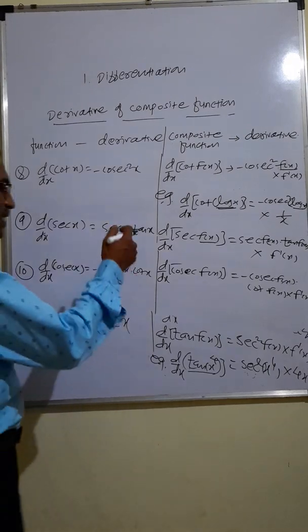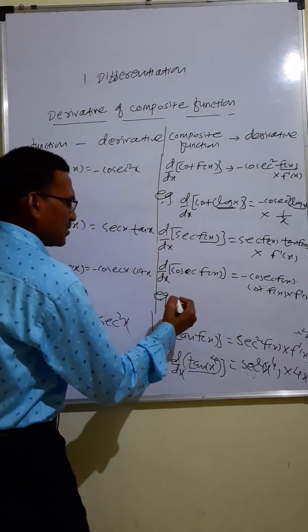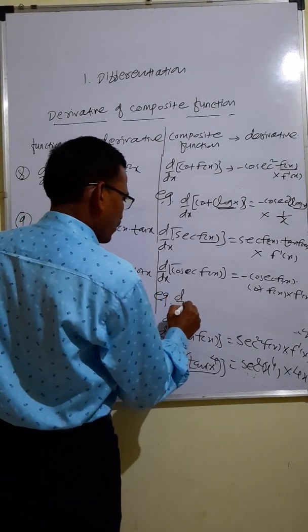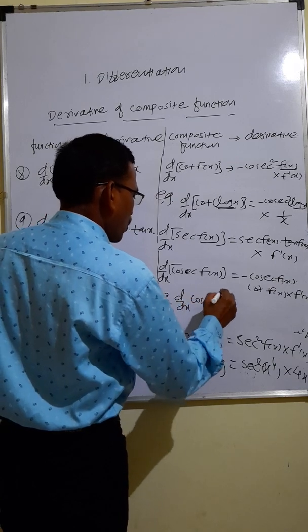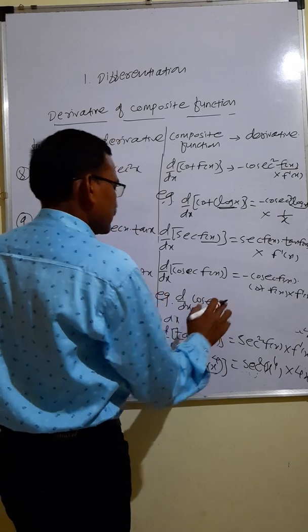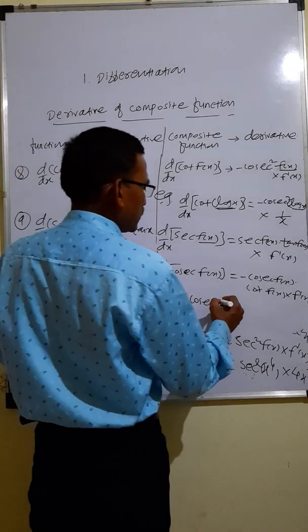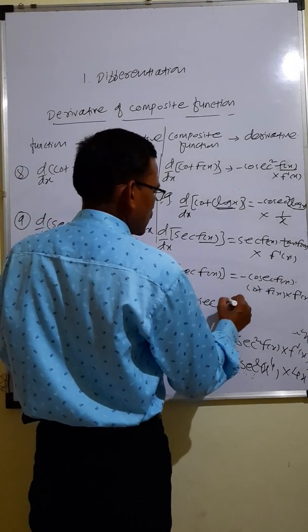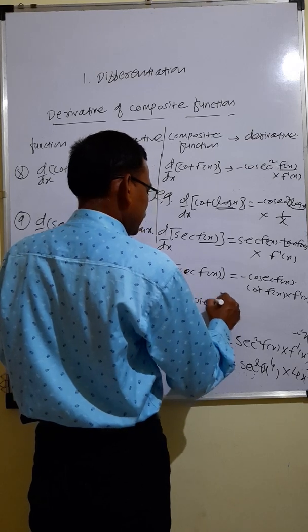So we take an example here. The derivative of cosec x raised to 7.